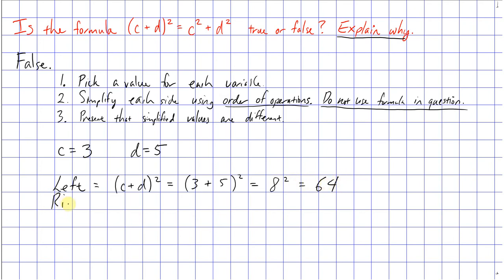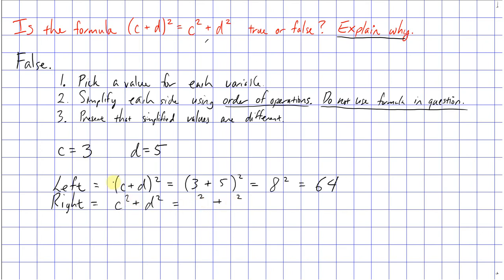The right side, so that's right here, is c squared plus d squared. Let me write in the squareds here and then the plus sign. So I wrote what's here, except I didn't write the c or the d. There's a c missing right here and a d missing right there.